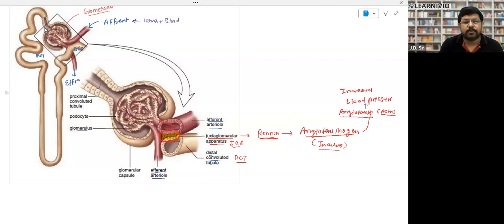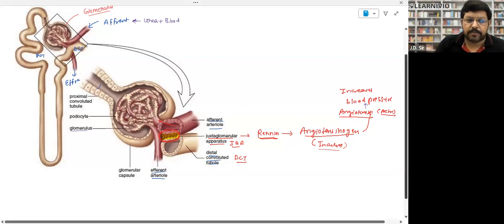You will get questions from human physiology. If you complete your human and plant physiology, you have completed more than 50% of the 11th class syllabus, because 50% of the questions come from this part. I'm sure you will get 10 questions from human physiology and minimum 10 questions from plant physiology, definitely.